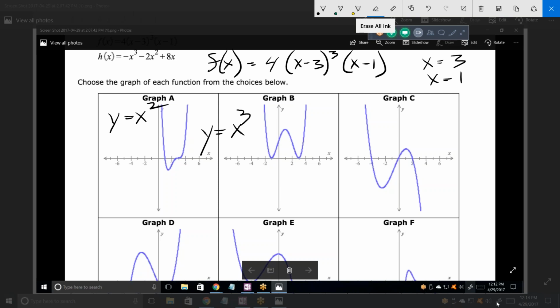Now, if they haven't taught you about multiplicity... They have, yeah. Okay. So, now I need to find a function that's got zeros at 3 and 1, and it crosses at both. And it has to rise on both sides, so it's probably A. There's a zero at 1, there's a zero at 3. It crosses through on both, and it's open and open. In other words, this is called the end behavior.